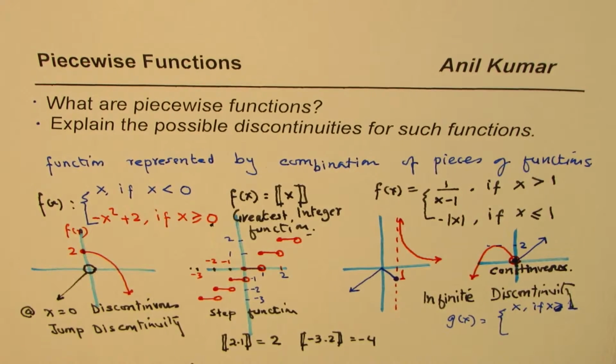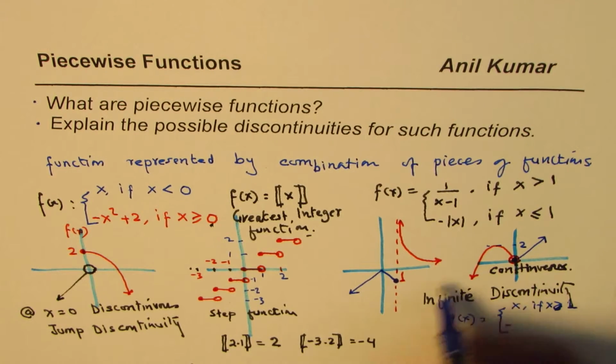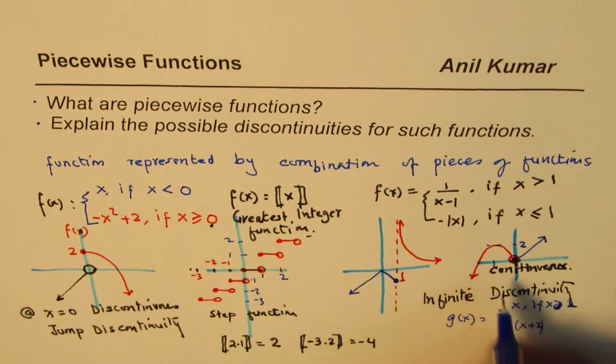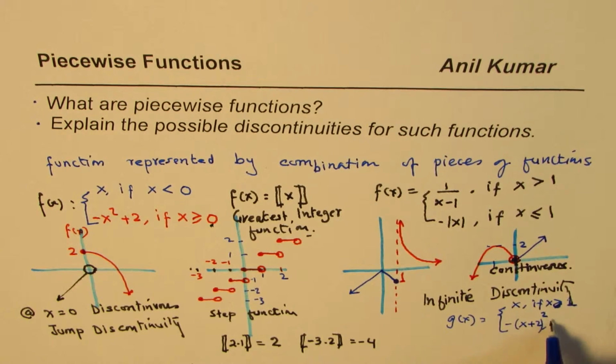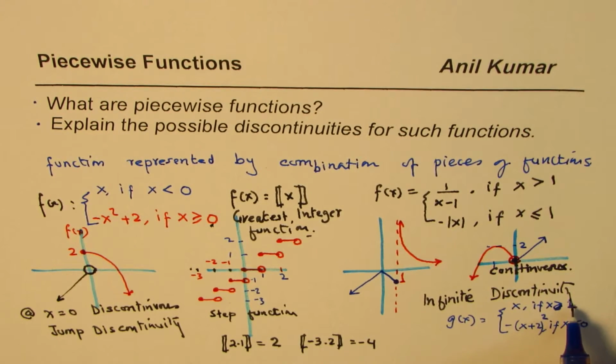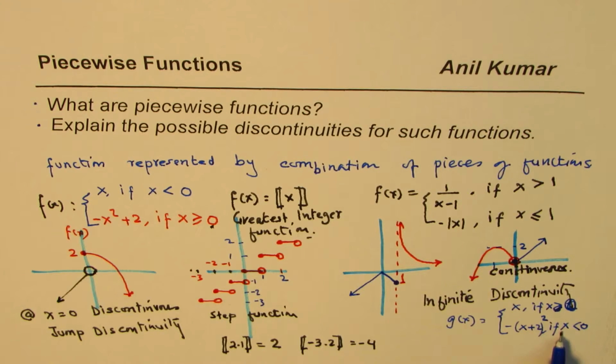So the parabola has moved 2 units. So we can say minus is going downwards, right? Minus (x plus 2) whole square, move 2 units to this place, if x is less than 0. So if x is greater than 0, it is x, right? And if x is less than 0, then the function is minus (x plus 2) whole square.